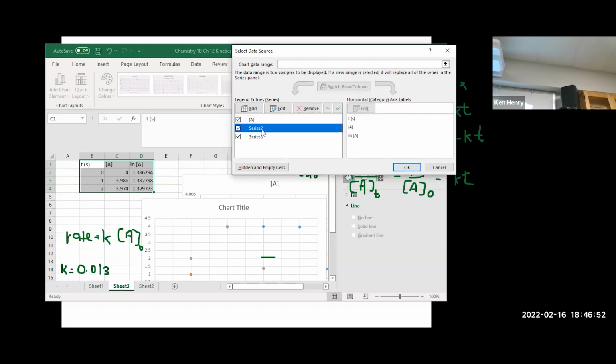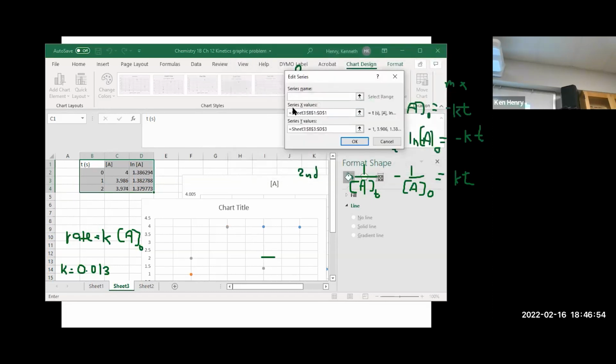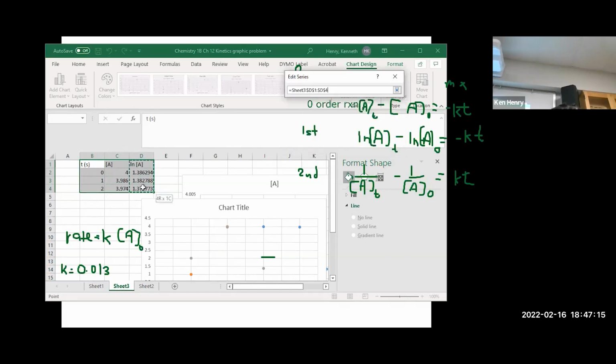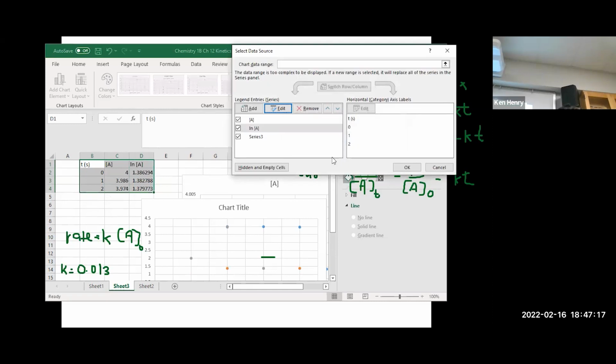These two, that's ln concentration of A. This one.